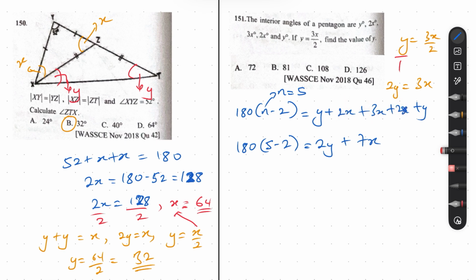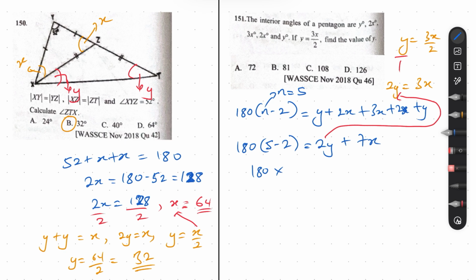Cool. Now we know that this 2y here is the same as 3x, so we can replace this 2y with 3x, because 2y is equal to 3x, right? So we have 180 times 3, which is 540.